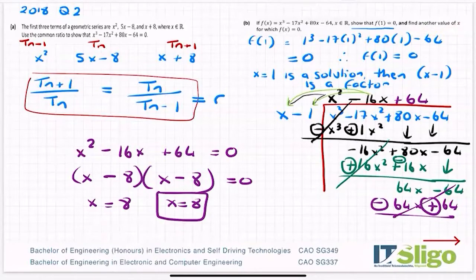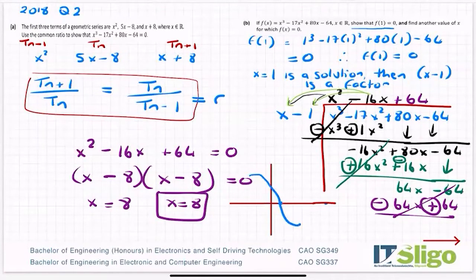If I was to draw that cubic, just to quickly give you a feel for what it would look like, I have one solution at 1. I have two more way out here at 8. Sorry, it's nowhere near drawn to scale. It would look something like, I could go either way.